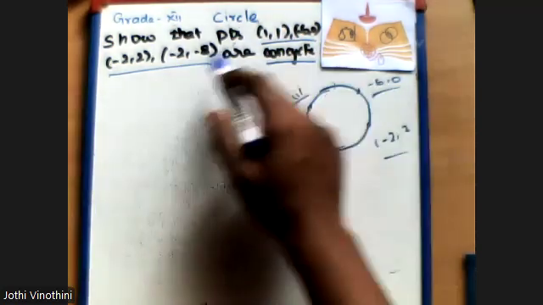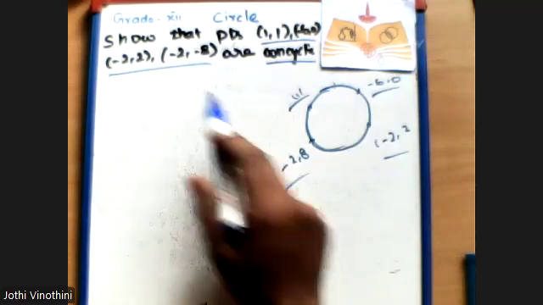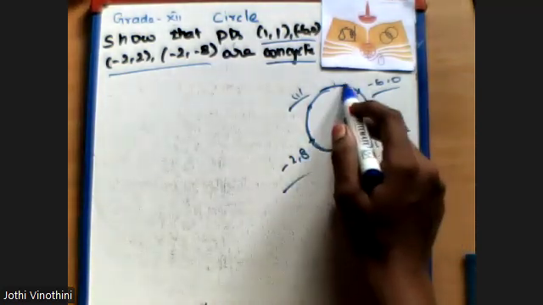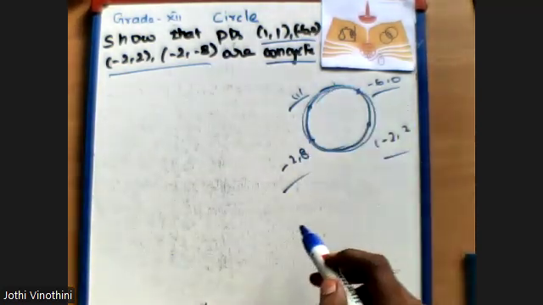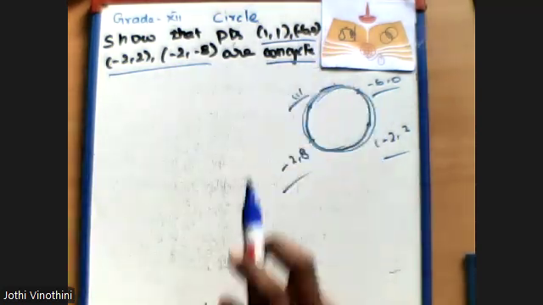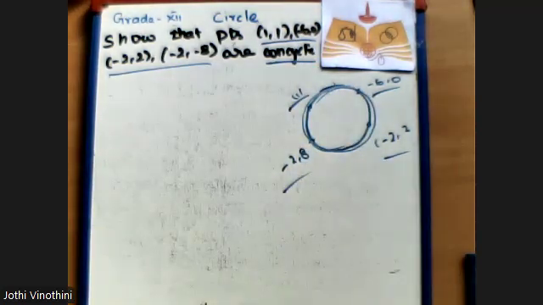If all the given points lie exactly on the circle, we can say they are concyclic. Okay? So now we know the question, right? So shall we start solving?